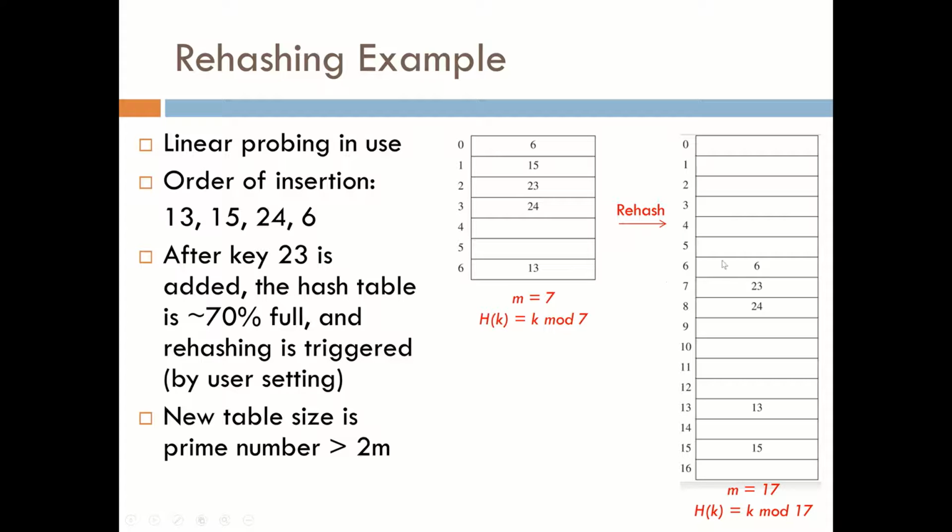You notice that we still can run into a collision, so we probe to location 7 and store 23 in that position. 24 mod 17 is 7, so we hash into this location. It's already occupied, so we probe and store 24 in slot 8. And finally, 13 mod 17 is 13 and allows us to store the data at that location.